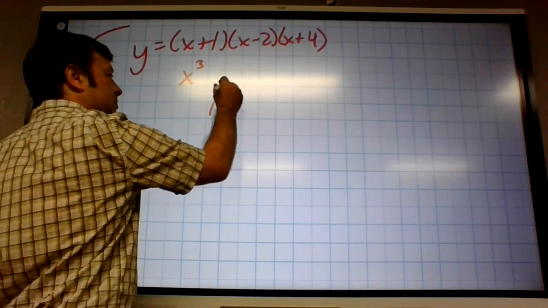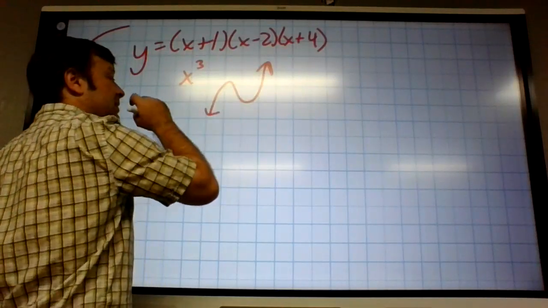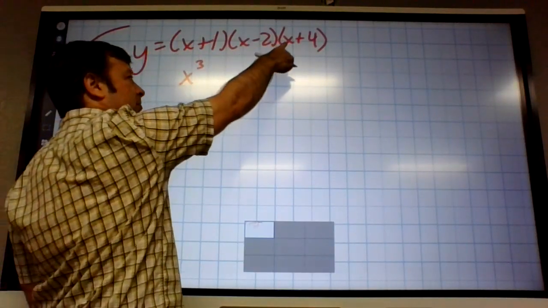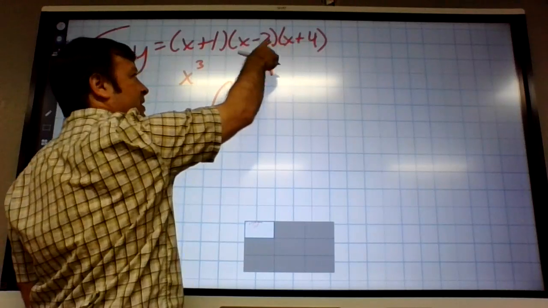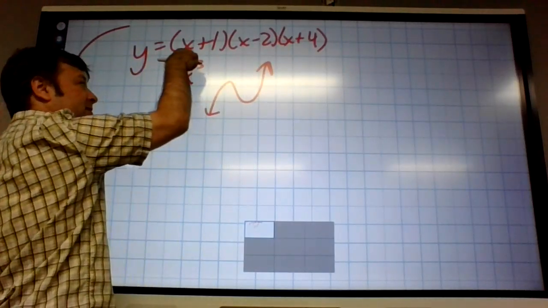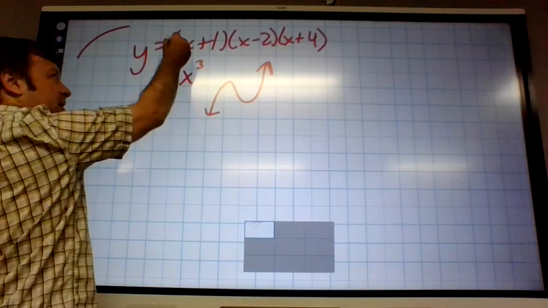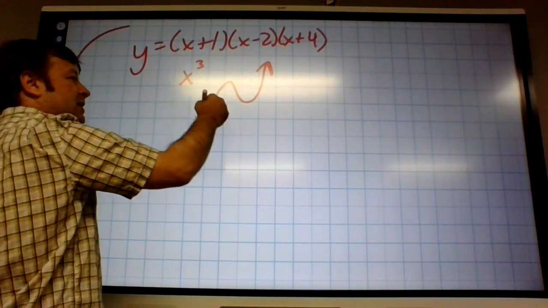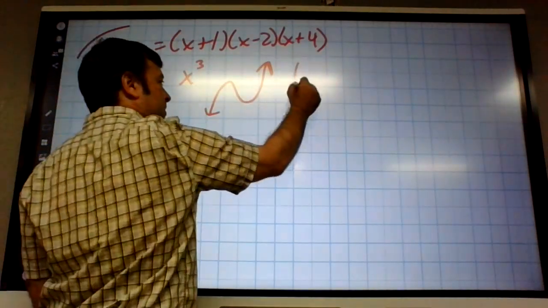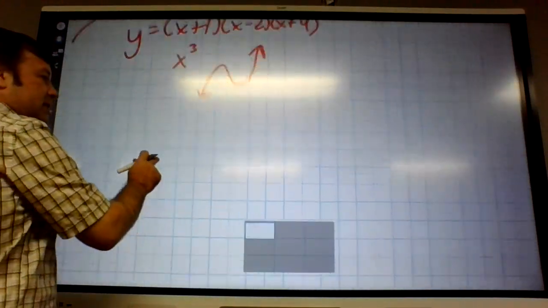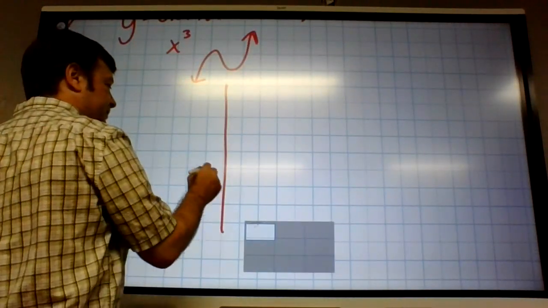Down, yeah, squiggle. Also, I'm noticing it's going to be a positive cubic function because it's positive x times positive x times positive x. So it's going to go down to up. If one of these x's was negative, that would make the whole thing negative and it would flip upside down. Okay, this is easy peasy, no problem.